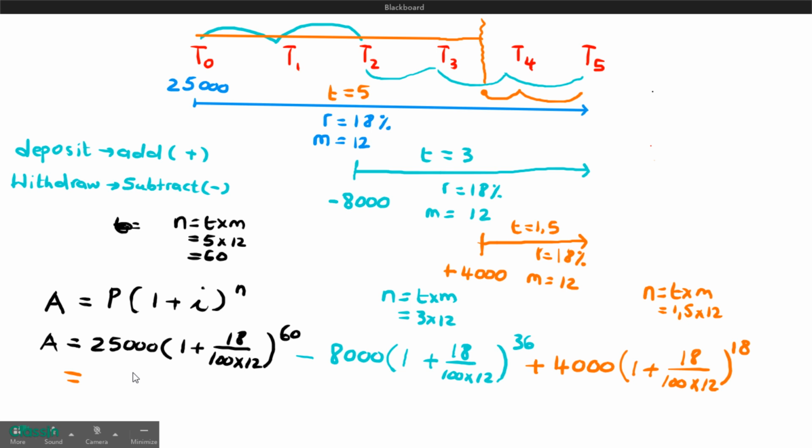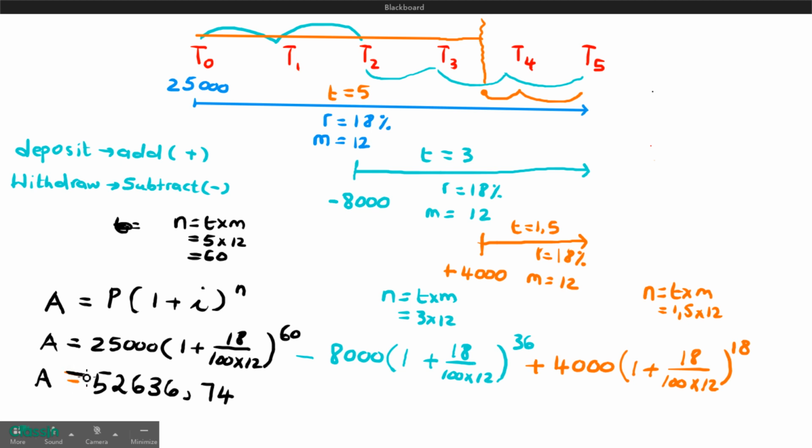So then the balance here, the new value that will be available at the end of the term, is 52,636,74.